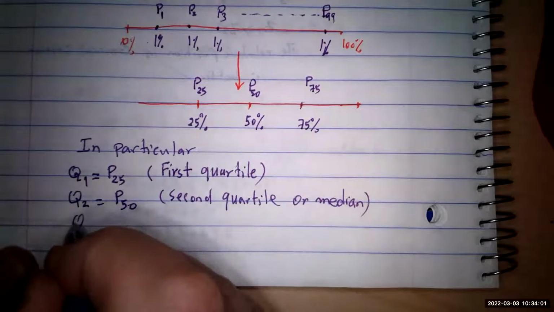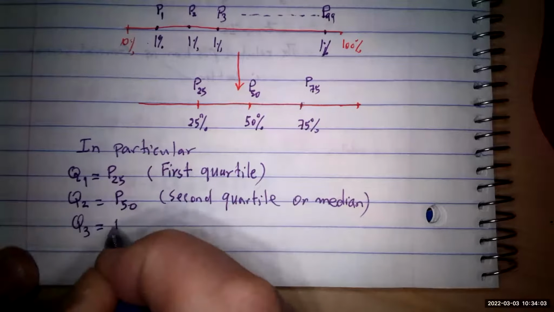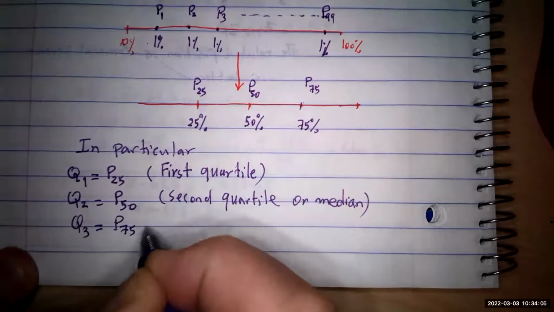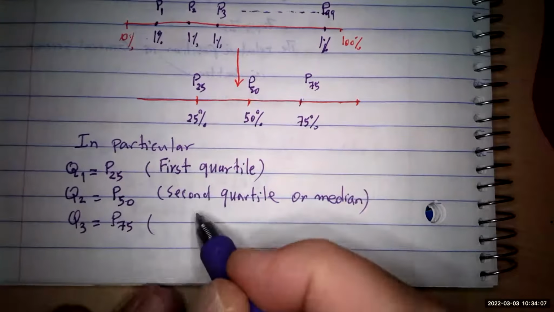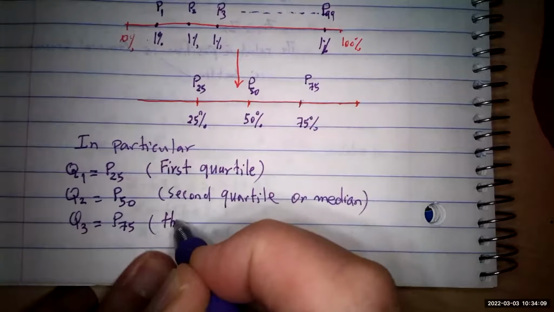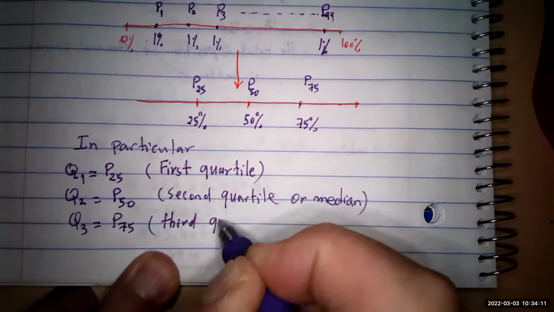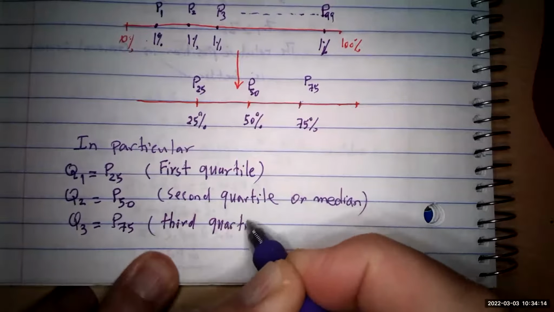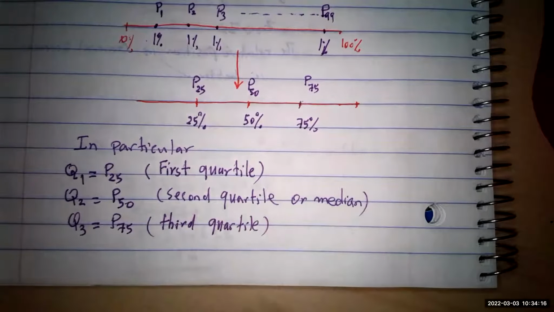And we introduce Q3, which is going to be P75. P75 is the third quartile, okay? We're going to have a couple more problems or concepts that depend on Q1, Q2, and Q3. So we don't usually use P25, P50, P75.